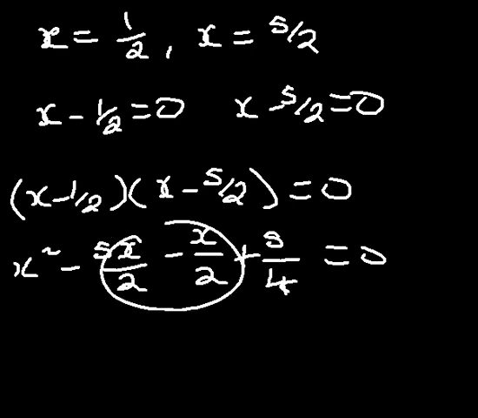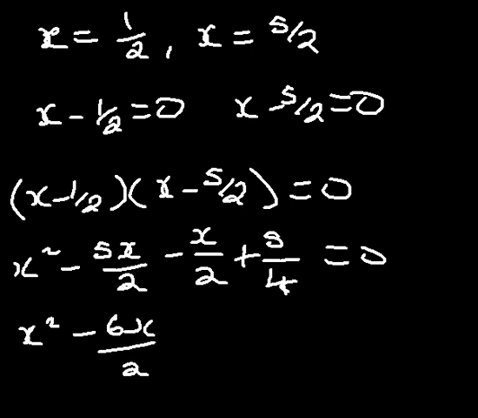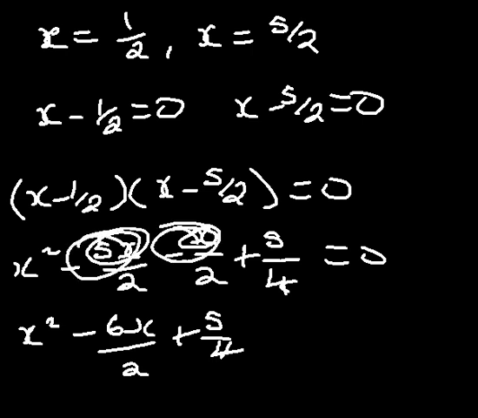So now these are like terms, so we have to add them. Now we have x squared, minus 6x over 2, and plus 5 over 4. Since the denominators are the same, we just have to add up the numerators. So negative 5x, negative x, we'll have negative 6x.